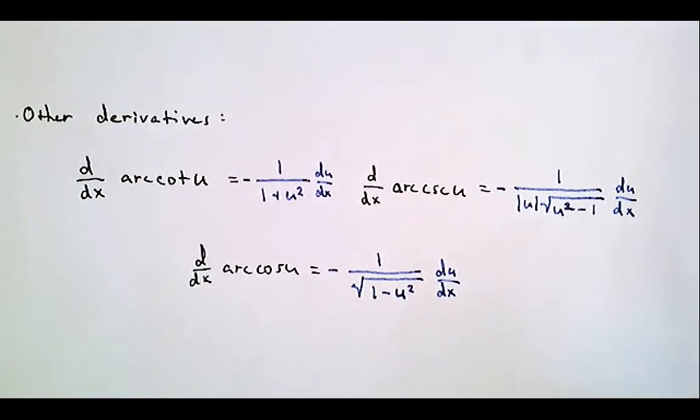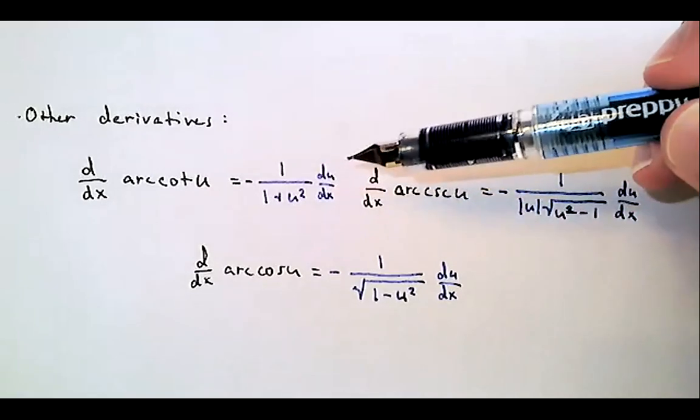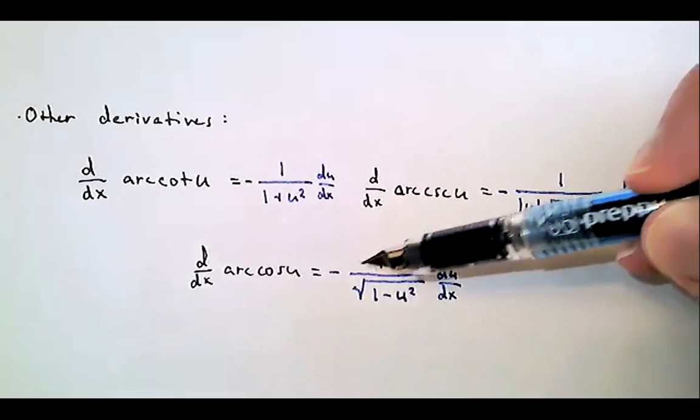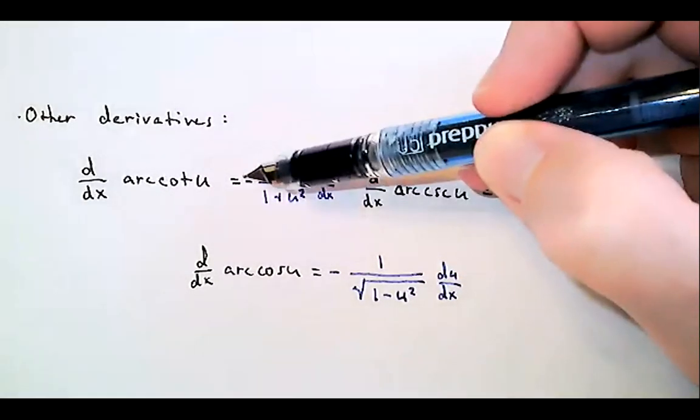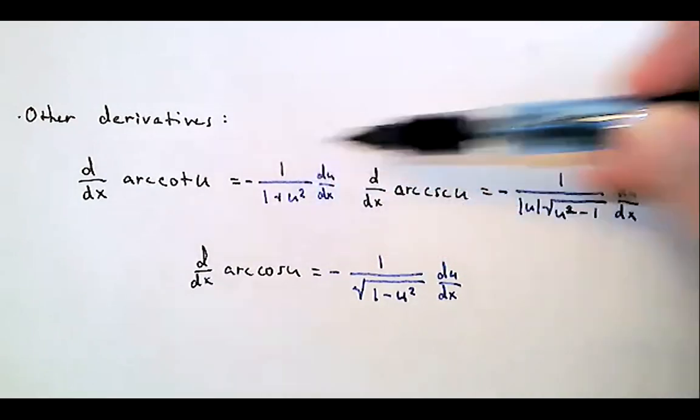Okay, so one thing I should mention before I move on is that I'm not going to give you new integral rules for these three functions. The reason why is that the only difference between these derivatives and the ones that we already learned is these minus signs. And we already know that when we're doing an integral, we're free to move constant multiples, like minus signs.